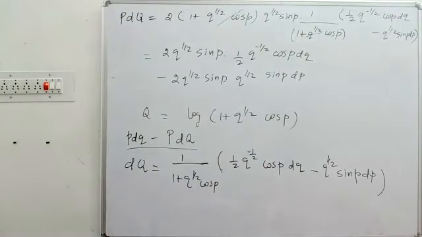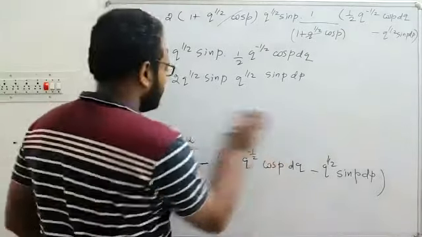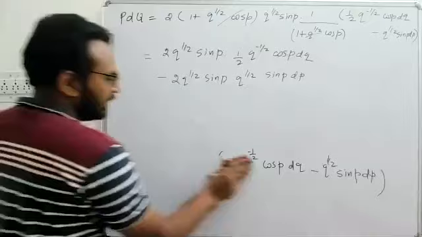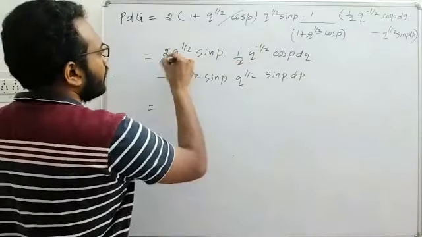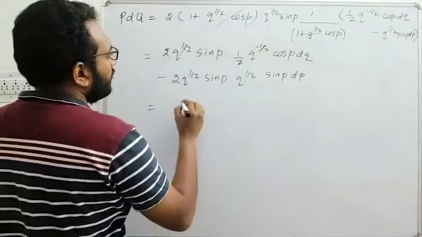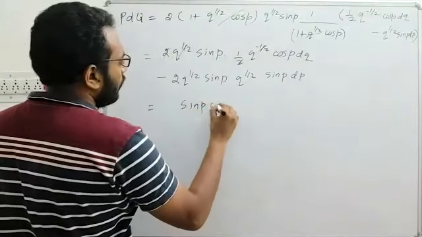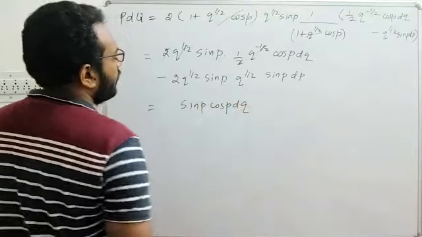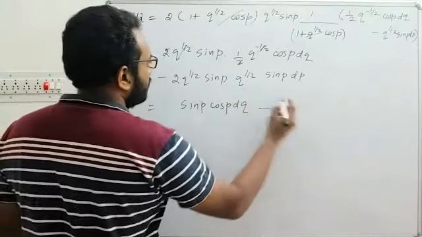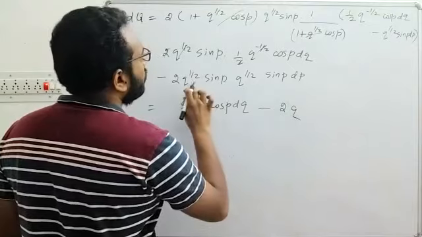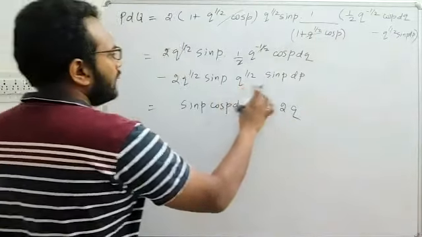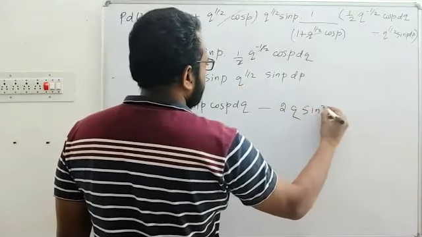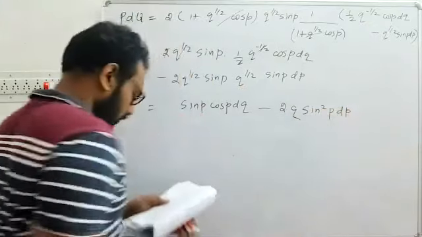Sometimes it's easy to make a mistake in these things. These also get cancelled. You get sin P cos P dq minus 2q sine square P dp. I hope that's correct.